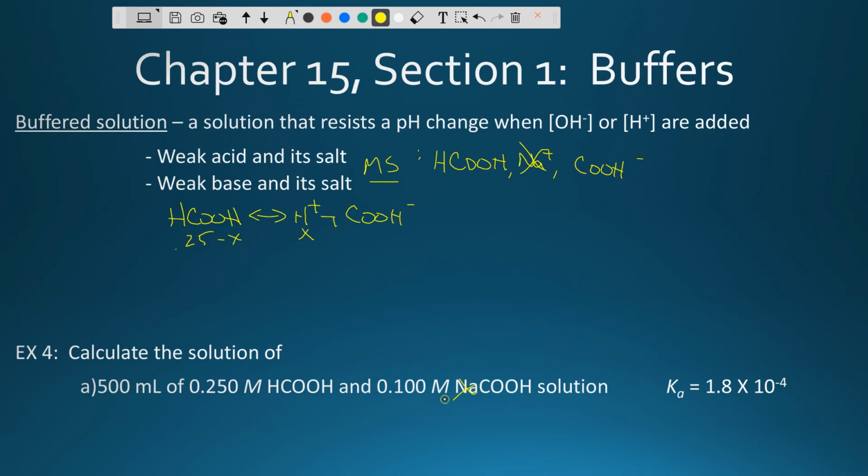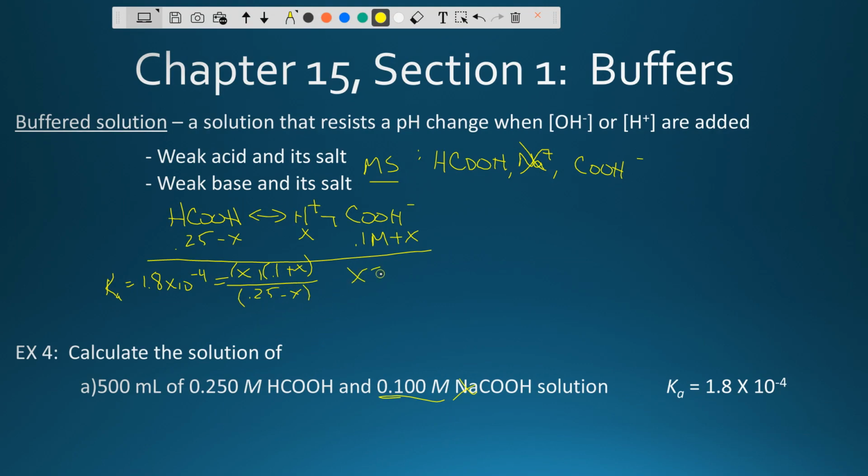And now we see I have a 0.1 molar solution of this ionic compound. So it's going to be sucking up or absorbing some of those hydrogens. Okay, and so if I take a look, we were given my Ka value for this. So my Ka ended up being 1.8 times 10 to the negative 4. That equals X times my 0.1 plus X over my 0.25 minus X.